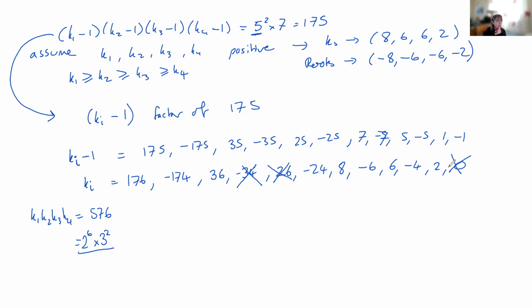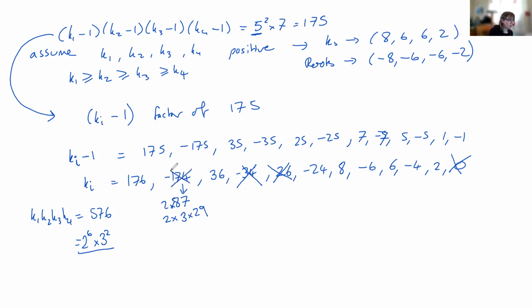Which other ones can we eliminate? We can eliminate 174, I think. If we divide that by 2, we get 87. 87 is the same as 3 times 29, and 29 is a bit of a problem.